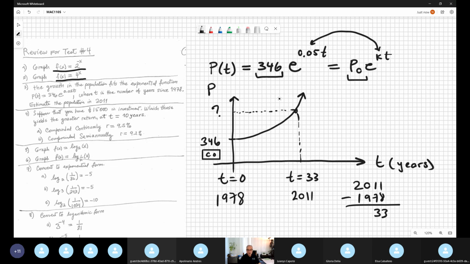So T is 33 years. And just plug it in the formula, no? In the formula, population at 33 is equal to 346 multiplication, of course, e to the positive 0.05 times 33.